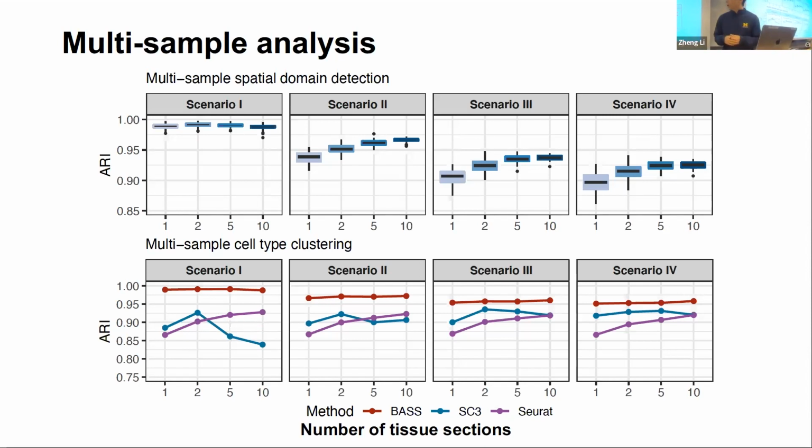Basically, it's because SC3 cannot handle very large data sets, and when the number of cells exceeds a certain value, the performance decreases. A similar observation is that in scenario 1 the performance gain is much larger compared to the other two, because the cell type has the strongest spatial distribution pattern, and the performance gain decreases as the spatial distribution pattern of cell types decreases.